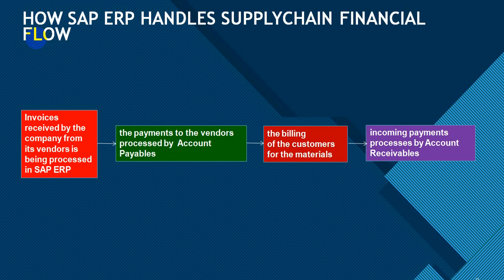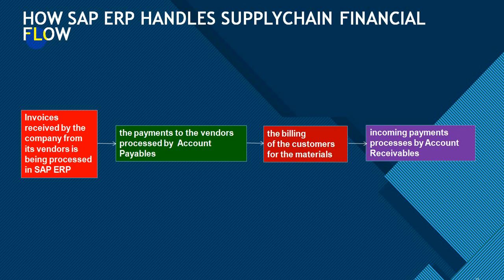Alright, so the payments to the vendors are processed by accounts payable. Also, you have accounting transactions there. Okay, so for instance, when you post goods receipt, the stock account is usually debited, and the goods receipts and invoice receipts clearing account is credited. So just like that, you have accounts being debited and credited.